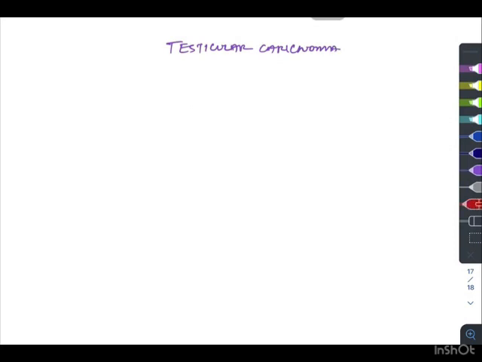We are seeing the testicular carcinoma series. This is testicular carcinoma part 3.